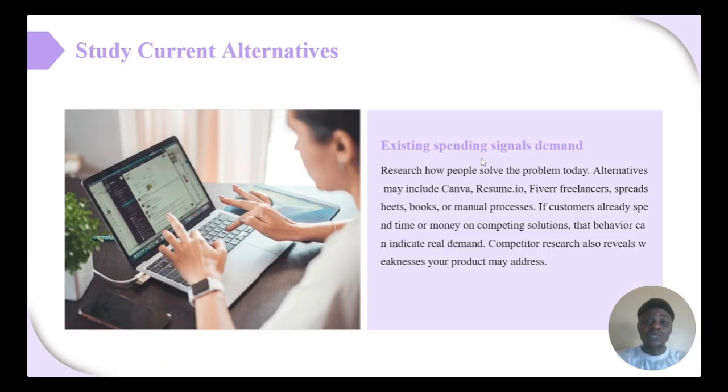Now, understanding the solutions that are out there, you will know how to produce your own product. You will know how to manufacture your own product. If we are creating an AI builder, right? We are building an AI resume builder, and you understand that there are different builders out there.